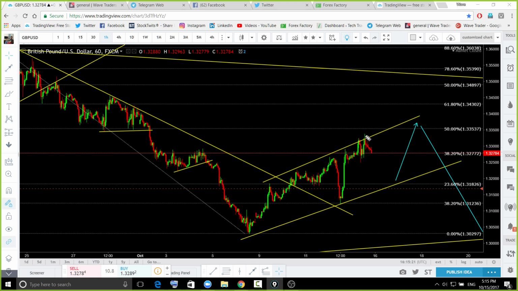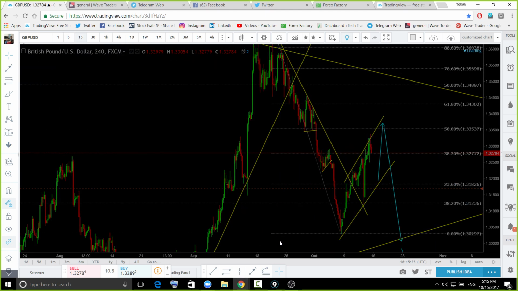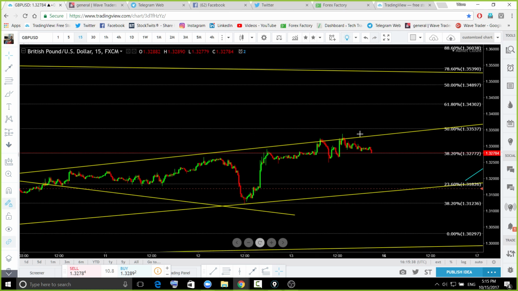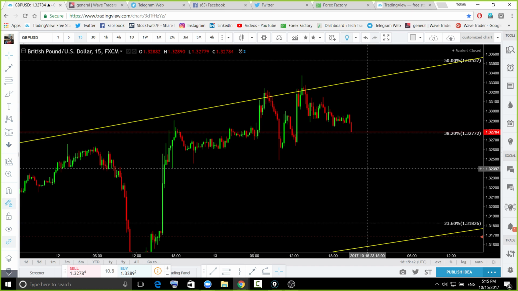I don't see it doing something like that. So stay in the trade we are holding from the top and look for this to break. Let me look at this lower time frame for any signs for the downside. Currently I don't see any continuation sign or impulsive sign at this area except this one.